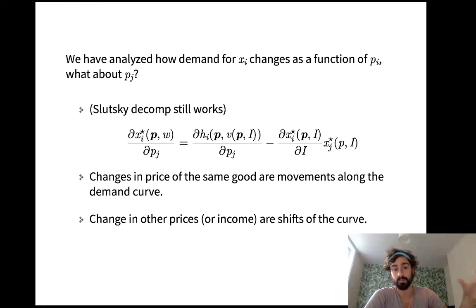It fixes all the other prices. So when we change the other parameters, the prices of other goods or the income, that's actually changing the entire function. So at every price point for good i, we potentially have a new demand because of the change in the price of a different good. That's a complete shift of the demand curve.